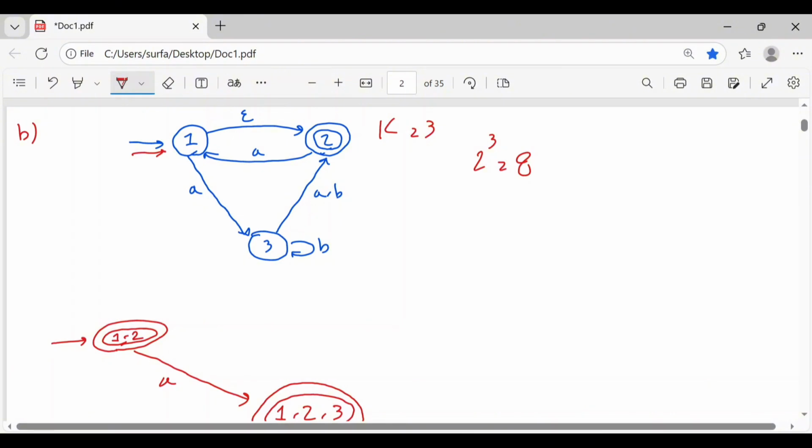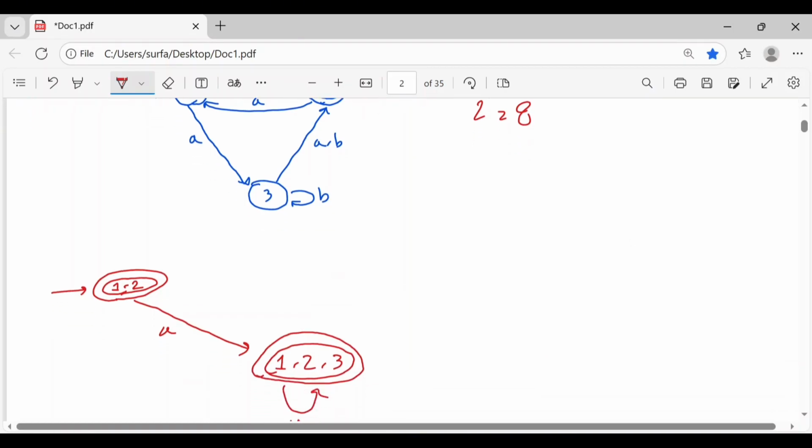So for transition function with b, we don't have any state, or better I say, we don't have any transition that contains b on it for states 1 and 2. So we have to go to the empty state somehow, or reject state. So it will become like this.